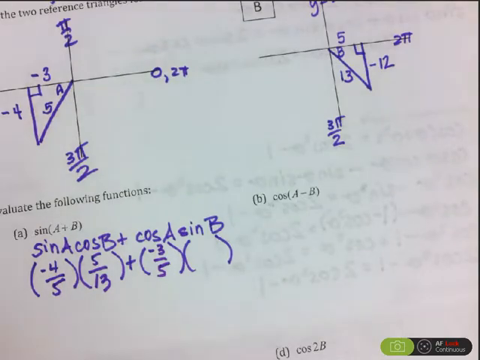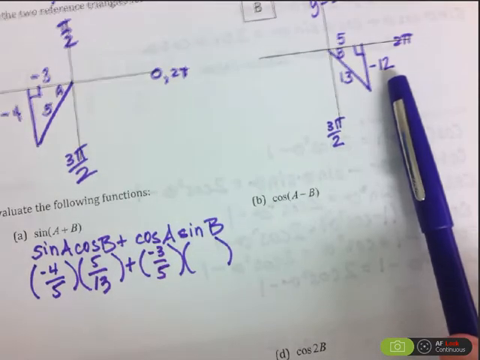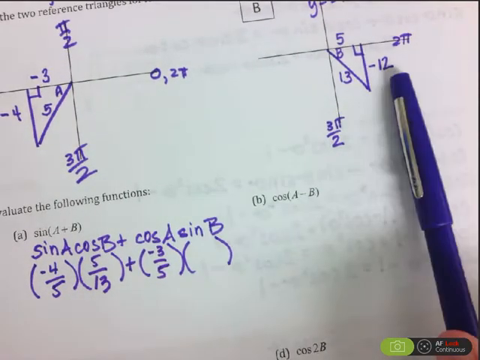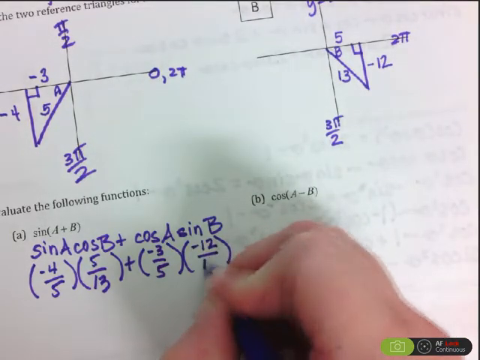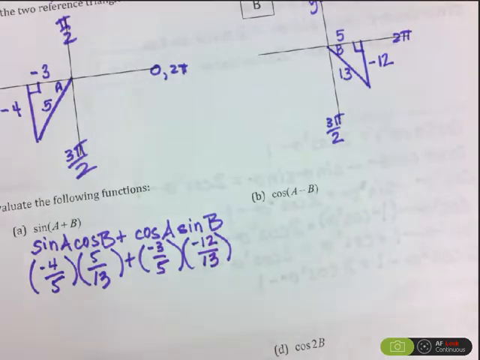And sine of B, you got to go back to B, and you're going to do opposite over hypotenuse. The more you practice these, the better you're going to get, because the most common triangles that they use are 3, 4, 5, and 5, 12, 13.